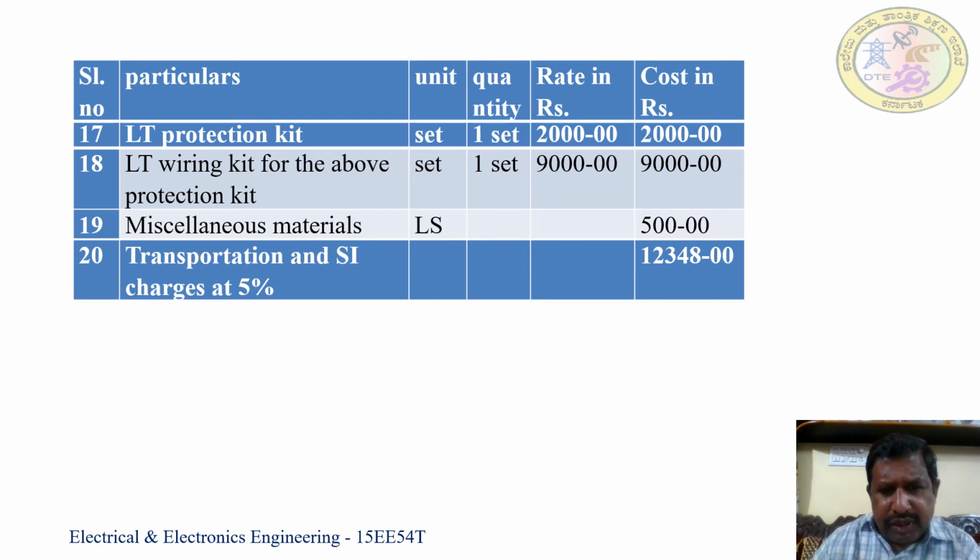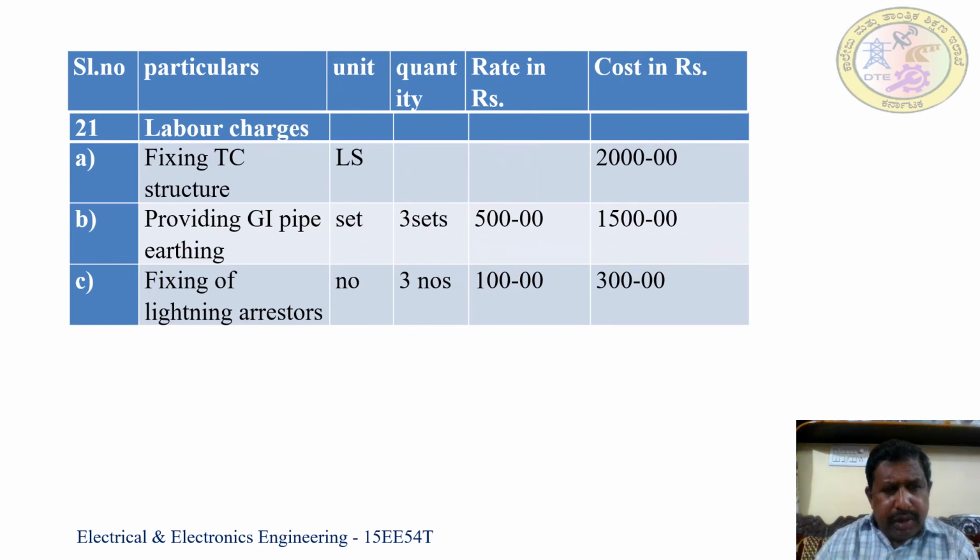That is lump sum and the cost is rupees 500. And the next item is transportation and stock incidental charges at 5%. So 5% on the total material cost is rupees 12,348.